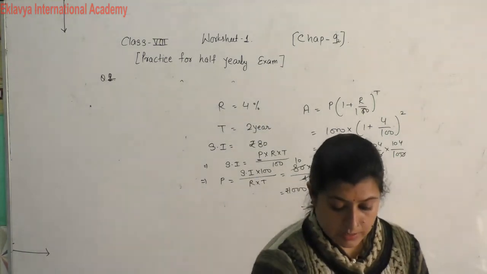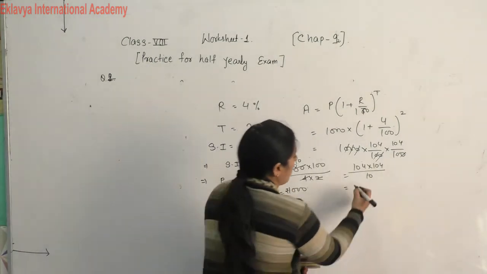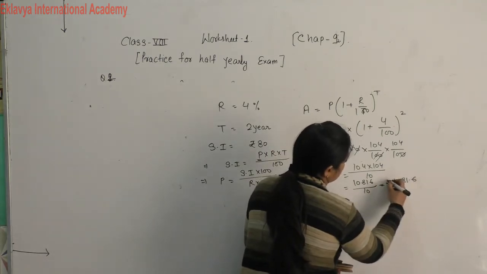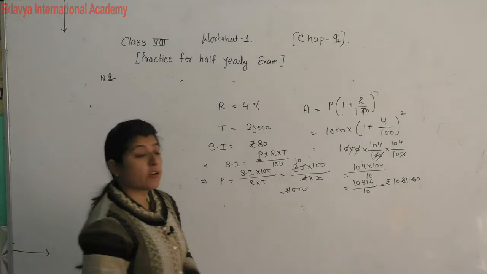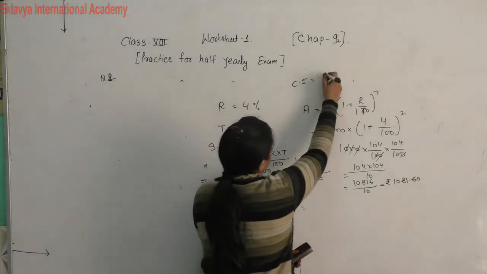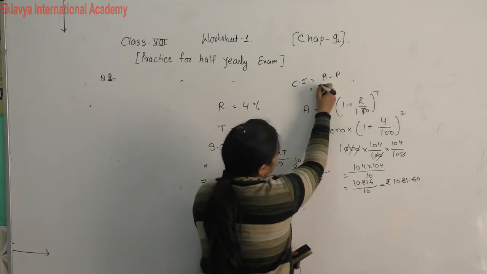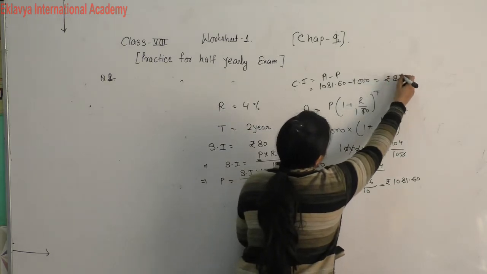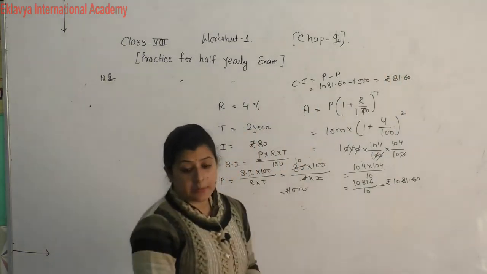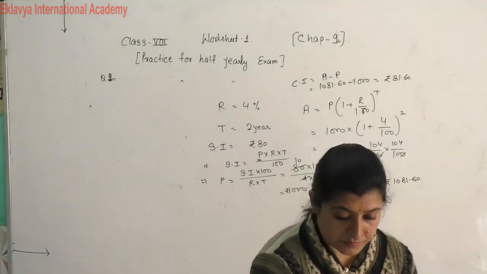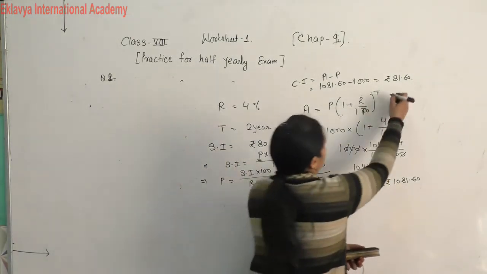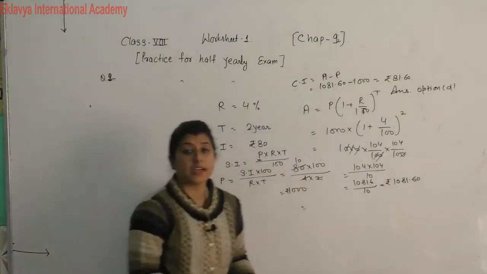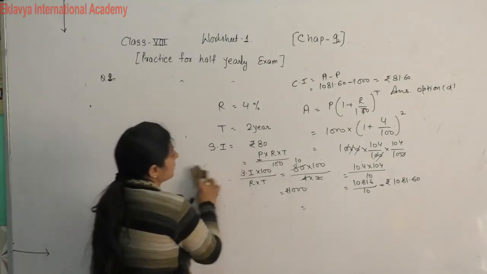After the multiplication you will get 10816 upon 10, that is 1081.6. Now we want to find out compound interest. Compound interest is equal to amount minus principal, that is 1081.60 minus 1000, then rupees 81.6. It means your option D is correct. Then your answer is option D is correct. See next question now.